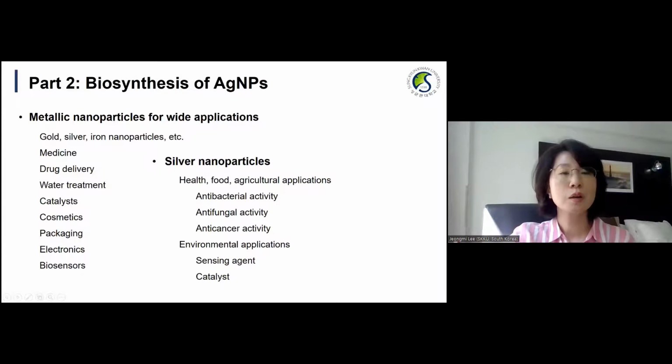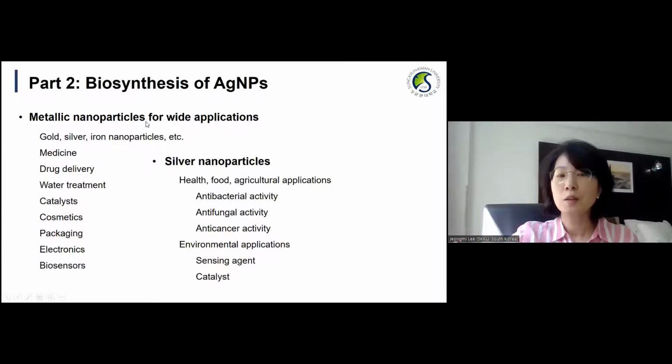So that was the first part, and then I'll move on to the second part, which is about the biosynthesis of silver nanoparticles using green tea extracts that are produced by DESs.